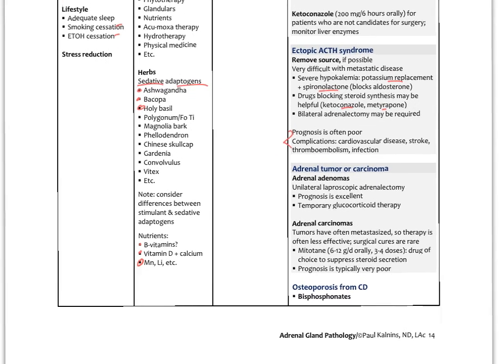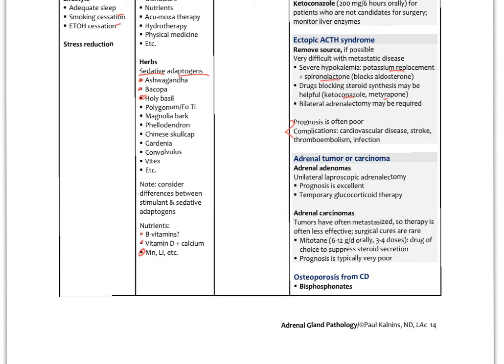For an adrenal adenoma, usually this can be removed laparoscopically. The prognosis is excellent, but again, patients might need temporary glucocorticoid replacement. For an adrenal carcinoma, very rare, but these tumors have usually metastasized by the time of diagnosis, so surgical cures are very rare with this.